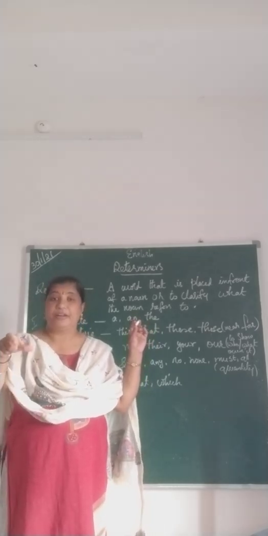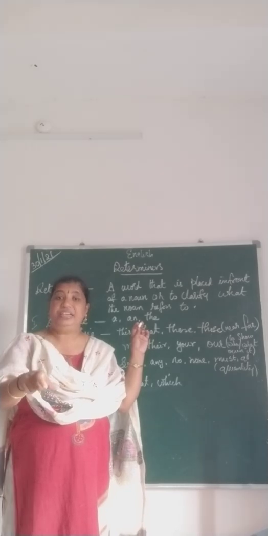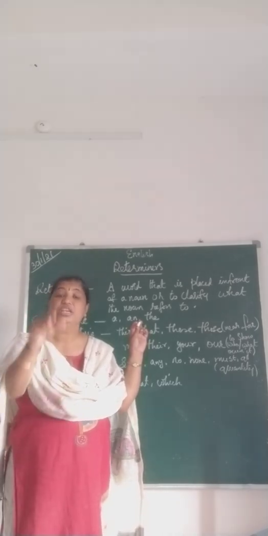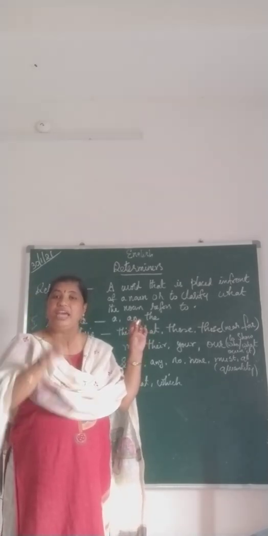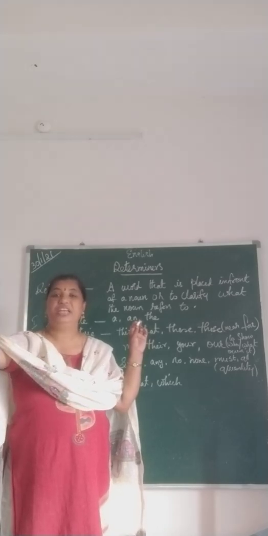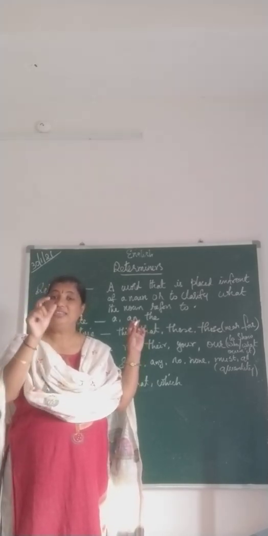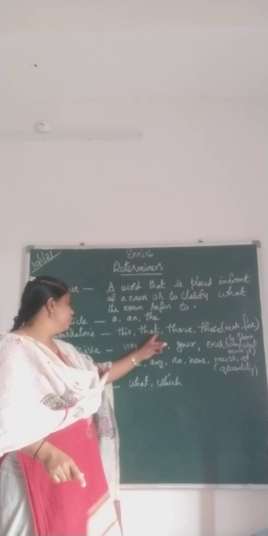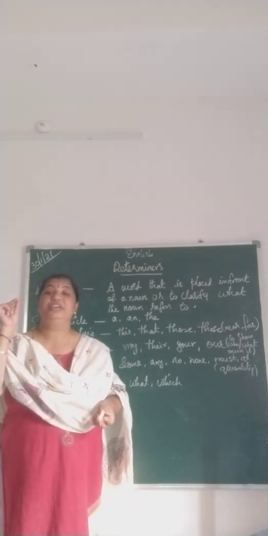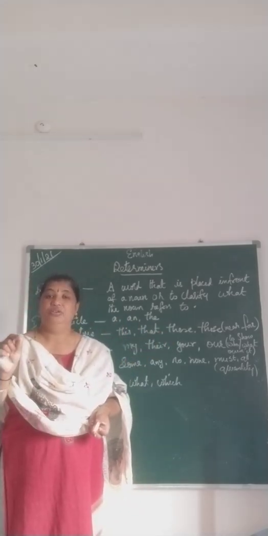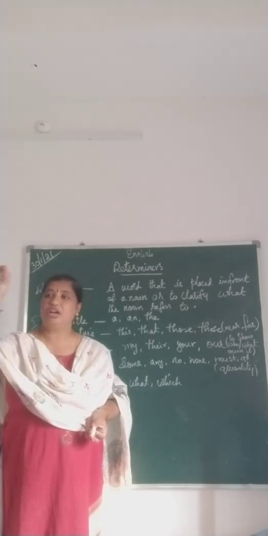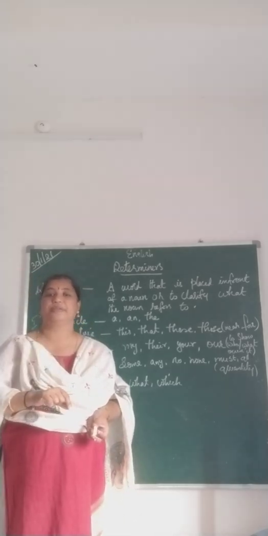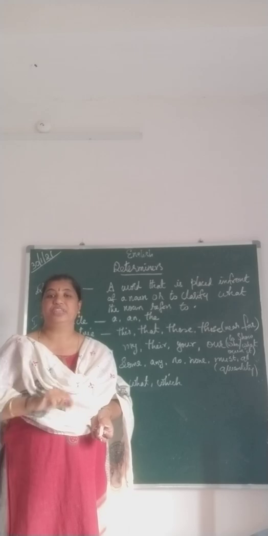So this car you are talking about in particular, you are showing its position. This car is moving very fast. There the word this becomes the demonstrative determiner. Out of so many cars, you are talking about one particular car, the position of the car.